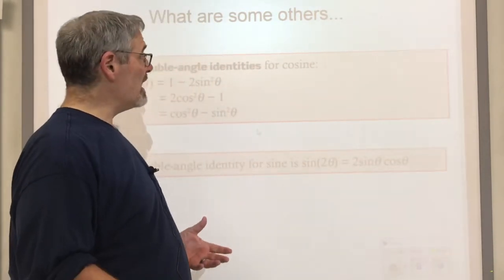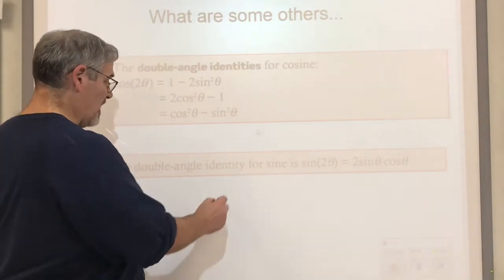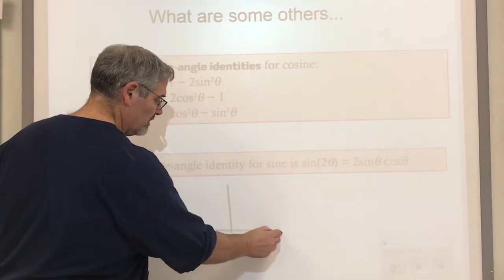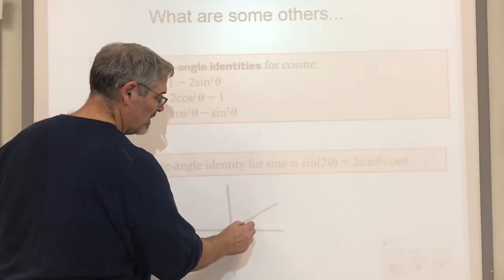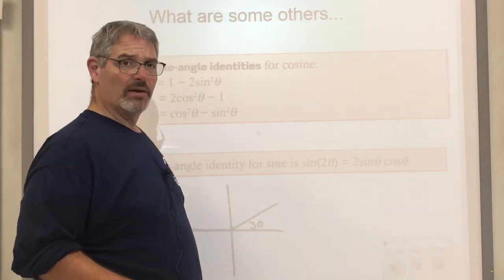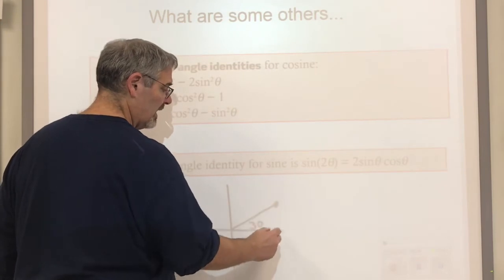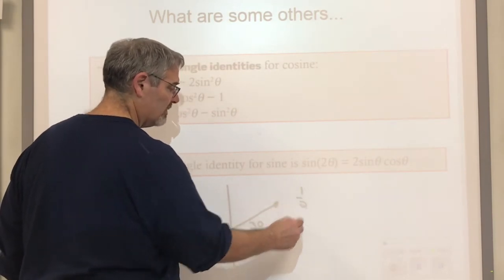Okay? Now, a lot of people get confused with the double angle formulas because, let's say theta is 30, and we know the sine of 30 is 1/2.